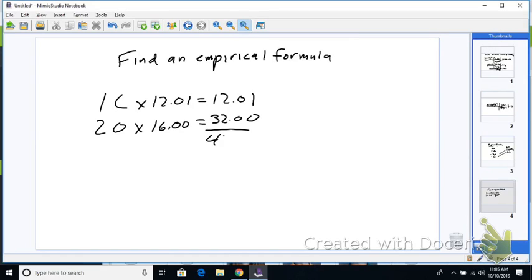We got 44.01 grams. Then we took each one of these and divided by the total to get the percent, times 100. We came out with two percentages. This top one was 27.3, and this was 72.7.